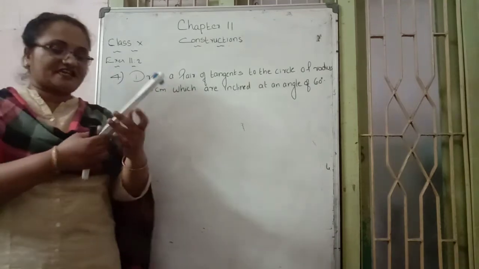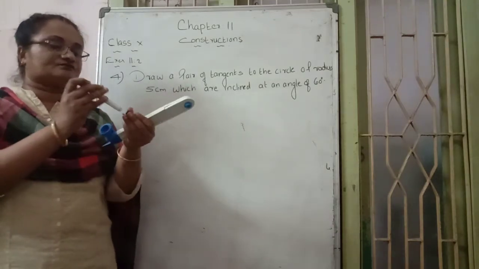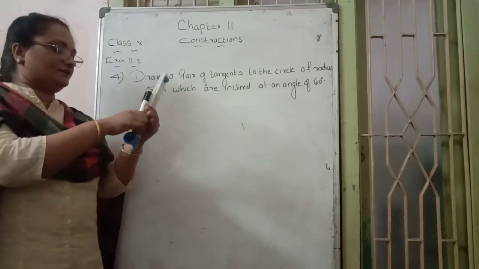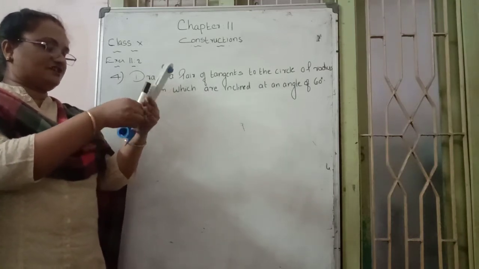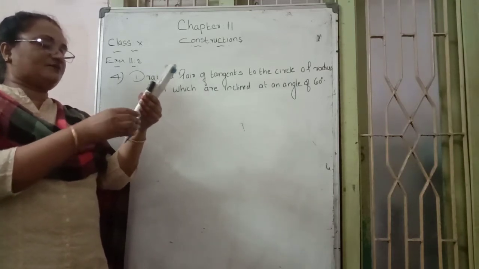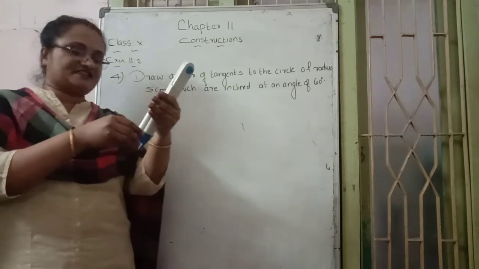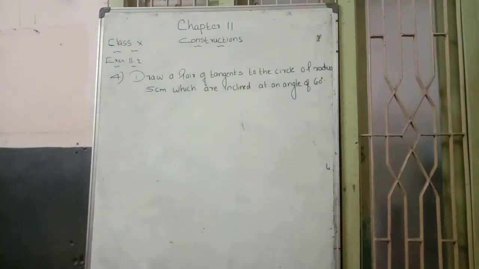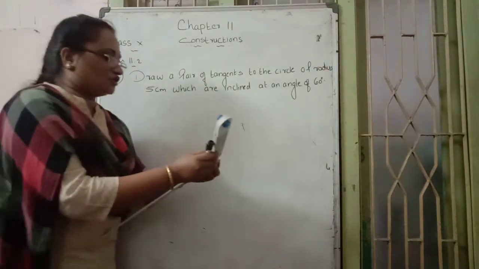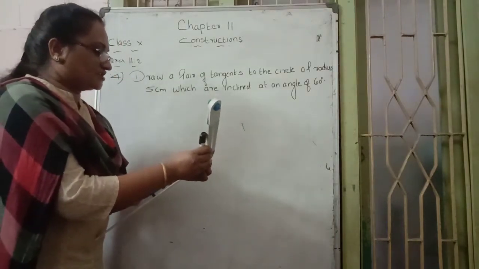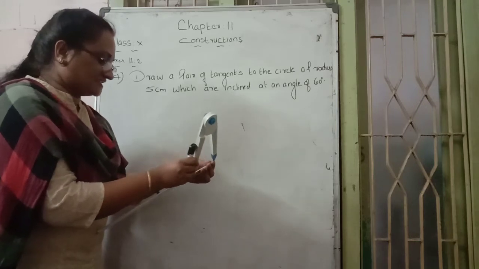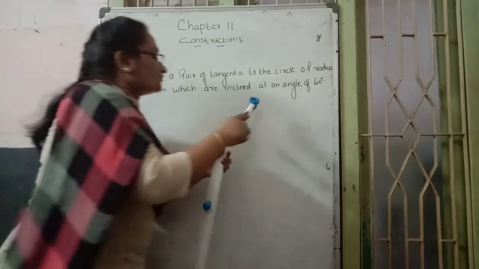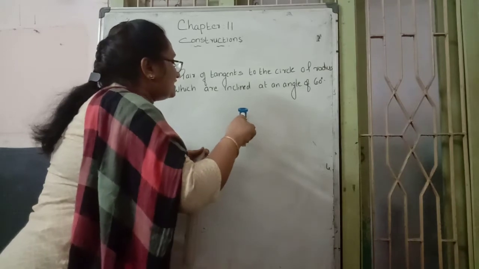First of all, take out your compass, scale and pencil. How many centimeters do we want? A 5 centimeter radius circle. So first measure 0 to 5 centimeters, then keep a center here.